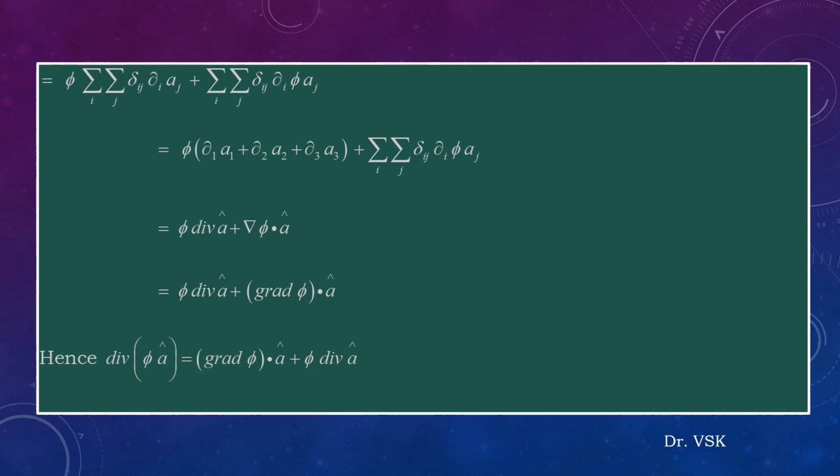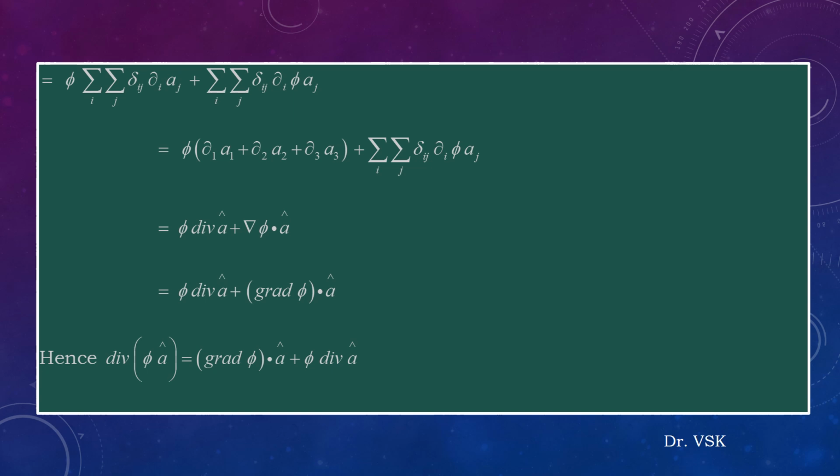We have to take out phi from the first summation. So we get phi times sigma over i, sigma over j, delta ij dou i aj plus sigma over i, sigma over j, delta sub ij dou i phi aj. That equals, if we expand the first summation in the first part, delta 11 equals 1, delta 22 equals 1, delta 33 equals 1.